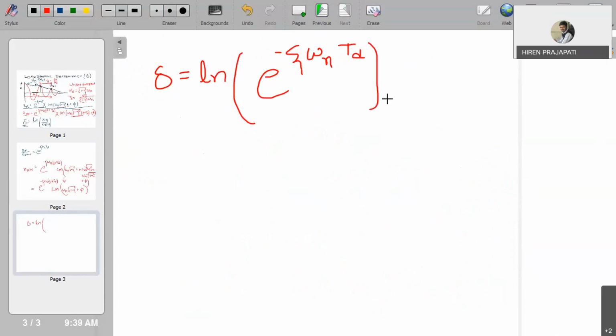Now again, if we put what TD is, TD is 2 pi by omega n into square root 1 minus zeta square, then omega n will be cancelled out, and finally we'll get ln e to the power minus zeta under root 1 minus zeta square. Fine. If we put TD is equal to 2 pi by omega n square root 1 minus zeta square, then we get only this term remaining.